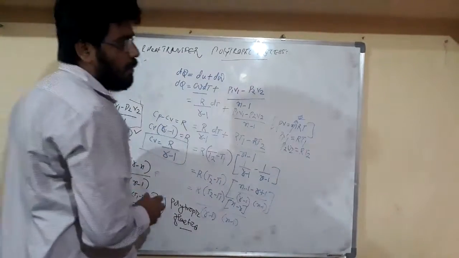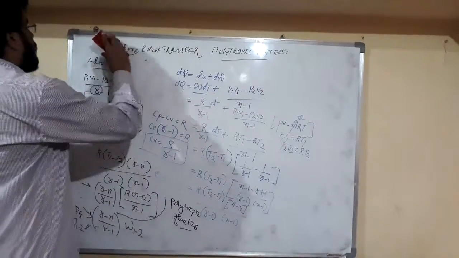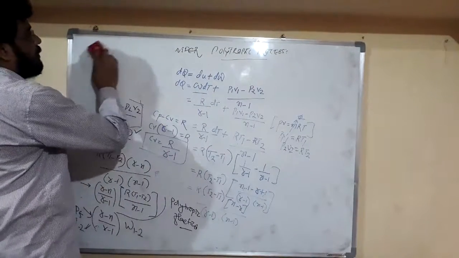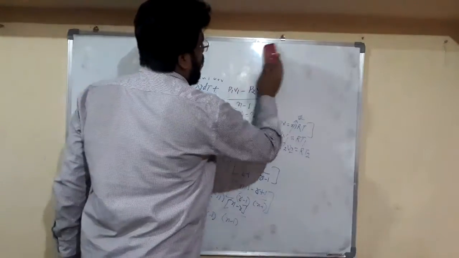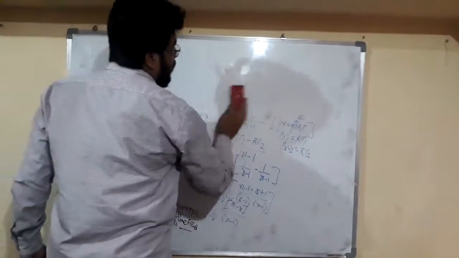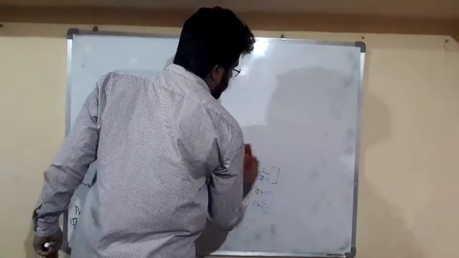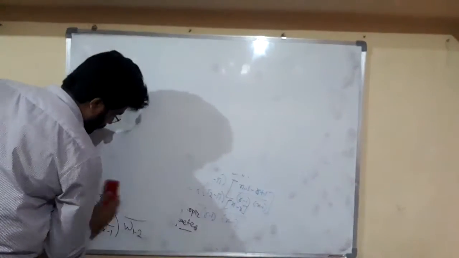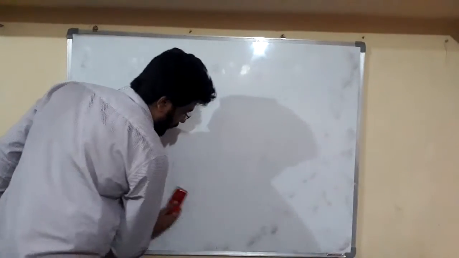Now friends, we will move to our next concept, which is enthalpy. Friends, we will here introduce our new property, which is enthalpy. And friends, what is enthalpy? Enthalpy is energy, friends.